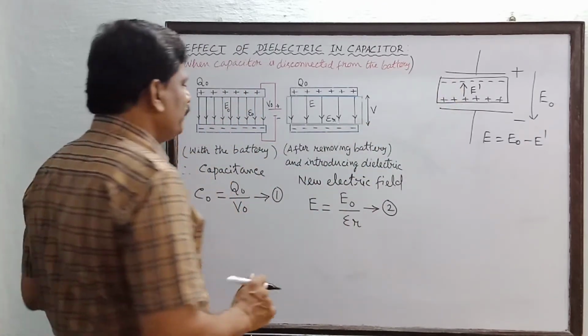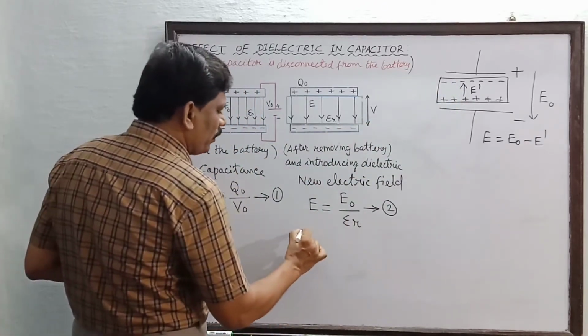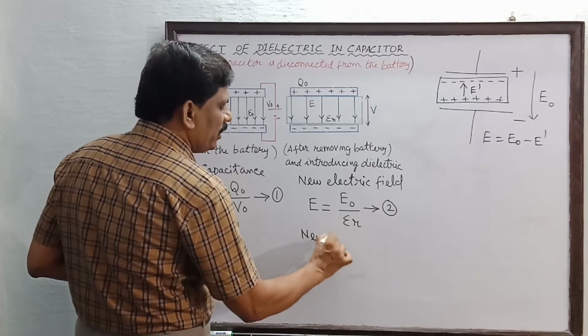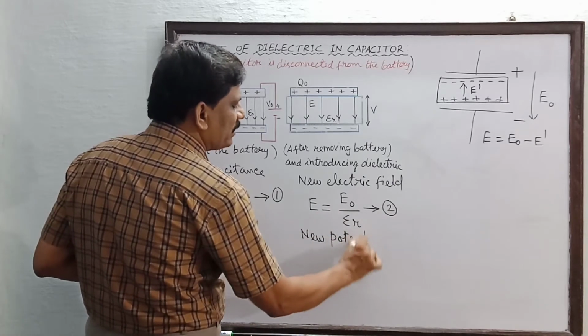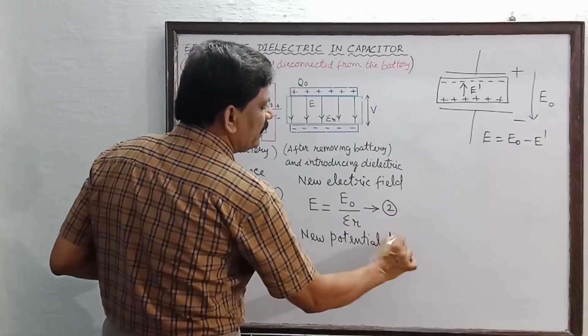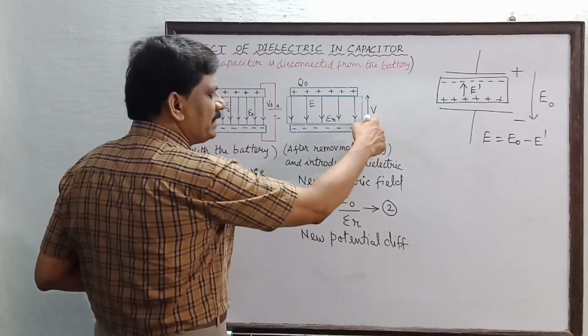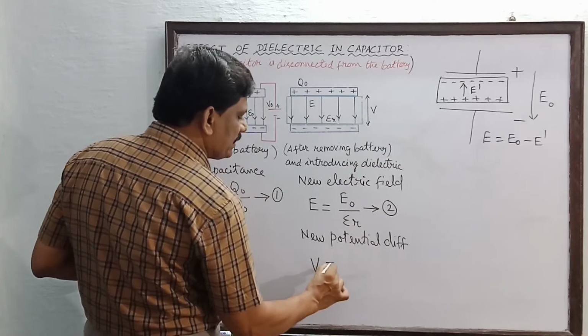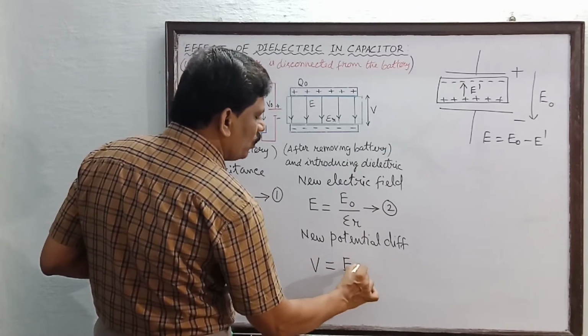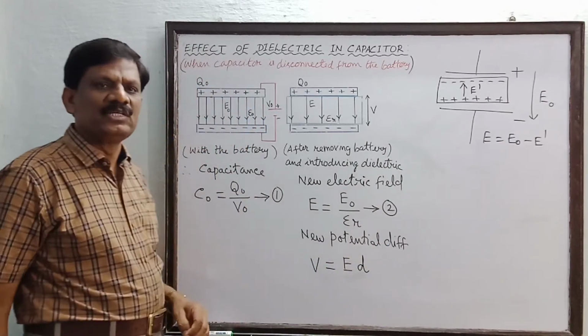Now, what will be the new potential difference? The new potential difference is denoted by the symbol V. This is equal to E into the distance of separation D between the two plates.